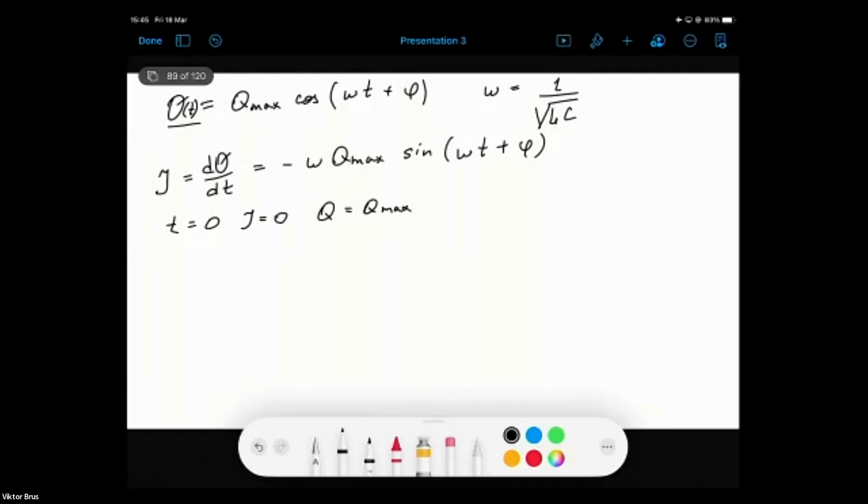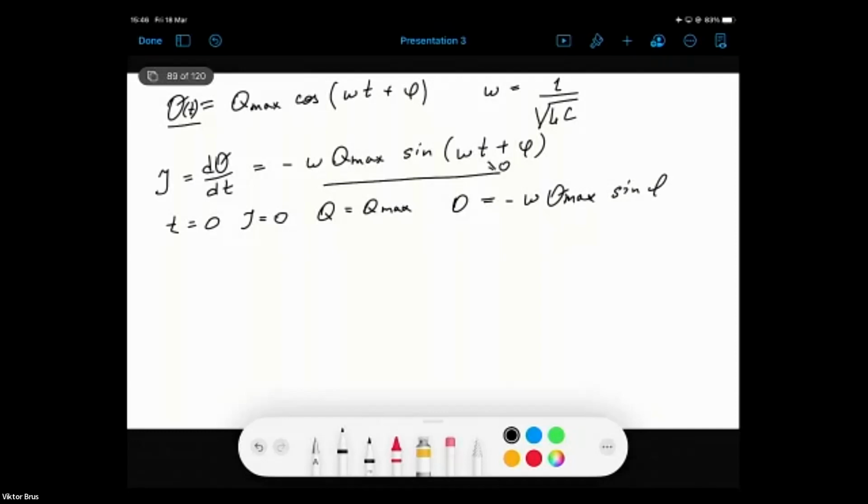Then we can substitute, for instance, taking into account this equation and considering t equals 0. So current should also equal 0. So 0 is equal to minus omega times Q maximum sinus phi.